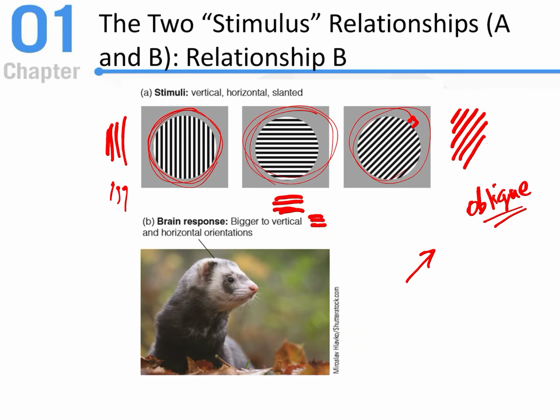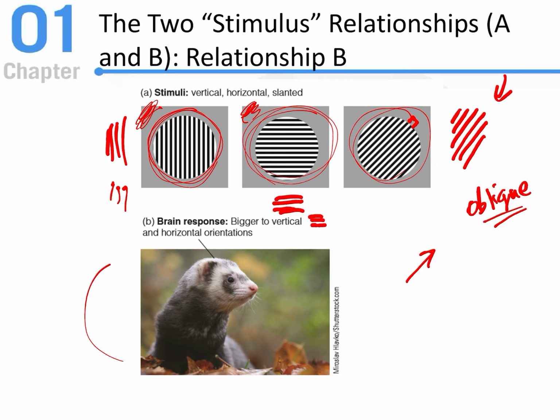Interestingly, and this is the reason why I'm showing a ferret here, a lot of work has been done on ferrets, and we've found that in the case of ferrets, for example, they are able to see a different orientation in terms of what's easier or more difficult. When it comes to humans, studies find that the vertical and horizontal lines result in much better acuity than the oblique effects, okay?